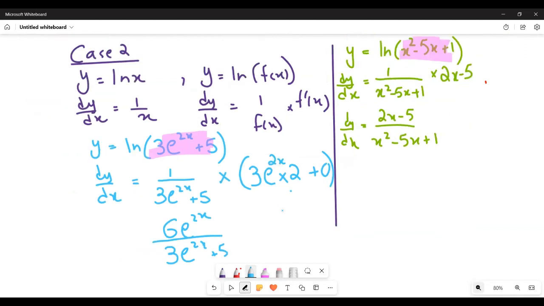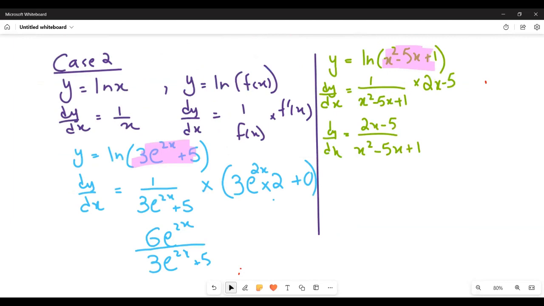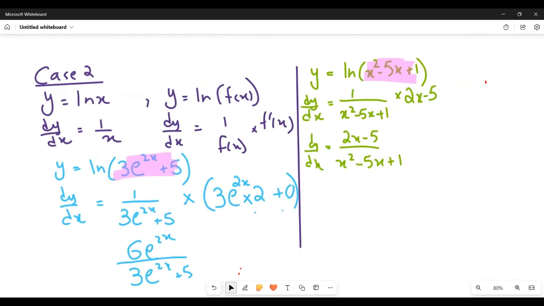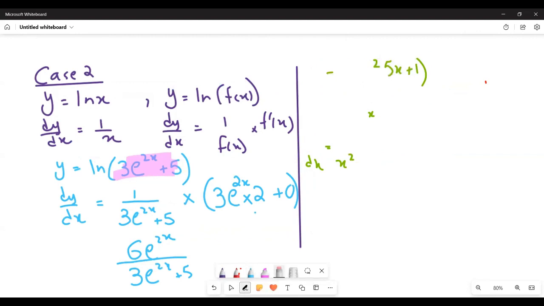All right. Another example question. y equals, there's a bracket. The bracket has power 3, and inside there is ln 5x.